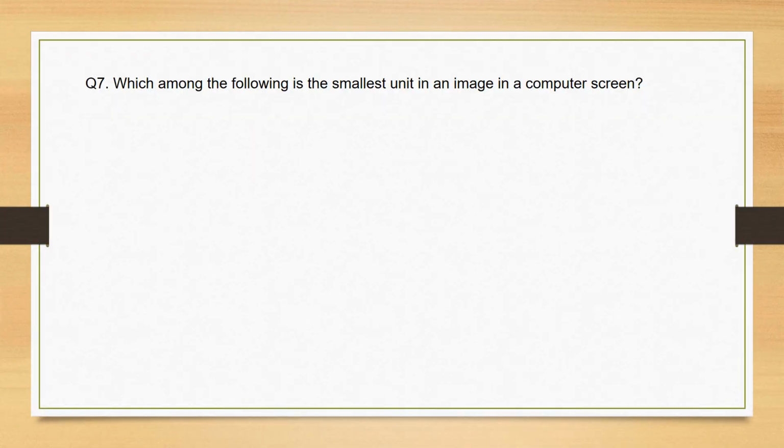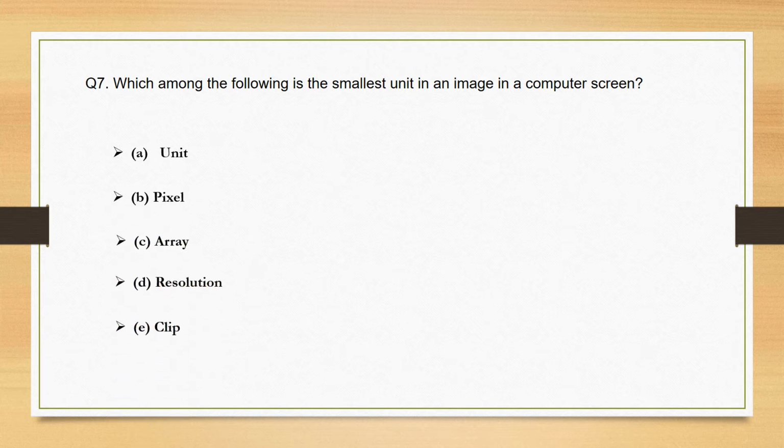The next question is: which among the following is the smallest unit of an image on a computer screen? What are the options? Unit, pixel, array, resolution, clip. Out of these five options, unit is what? Any smallest thing we can refer to as a unit.